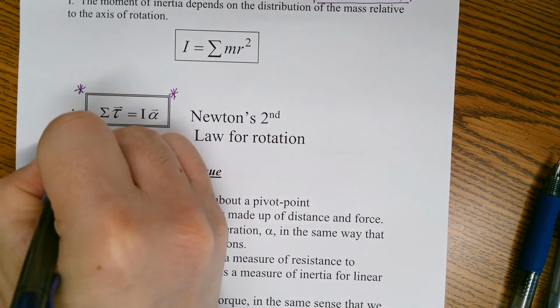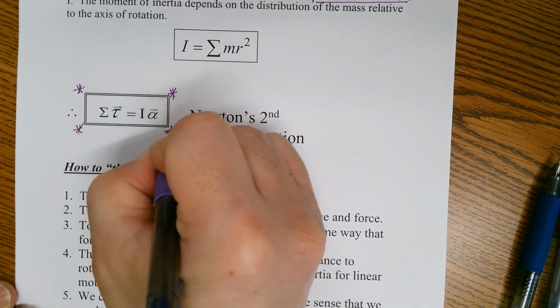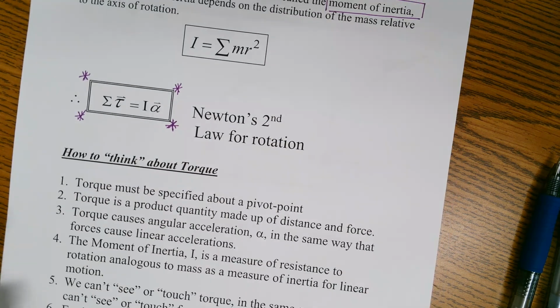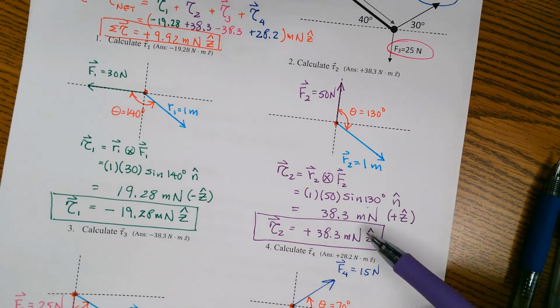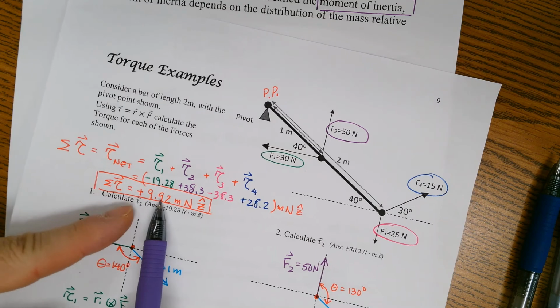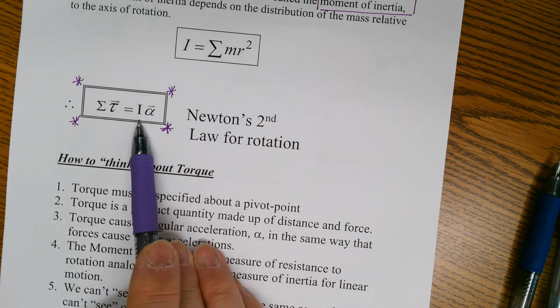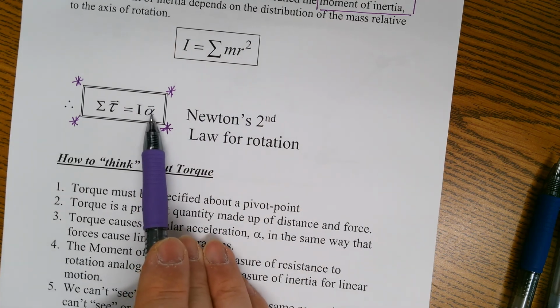Remember how we set everything up with net force equal to ma, and then found all the other forces. Once we found the torques for all these different forces and found the net torque, this net torque is equal to I alpha.